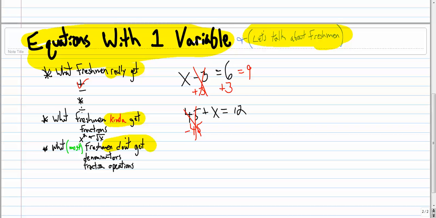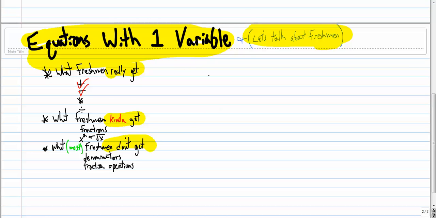Those two negate each other, and then you go 12 minus 45. If I do it backwards, 45 minus 12 is 33, so it's negative 33. So x is negative 33. Freshmen pretty much get that. Undoing subtracting is adding, and undoing adding is subtracting. Not a big deal so far.